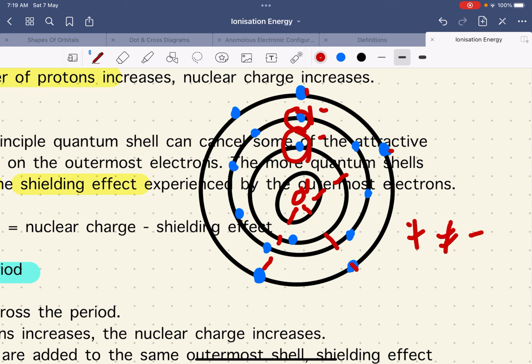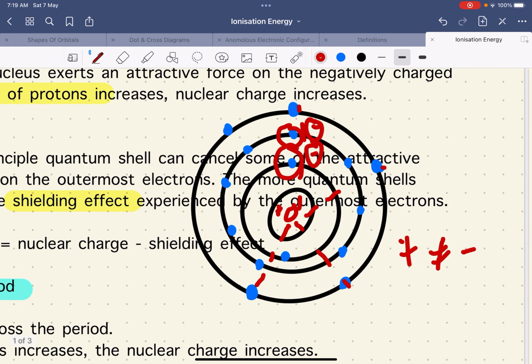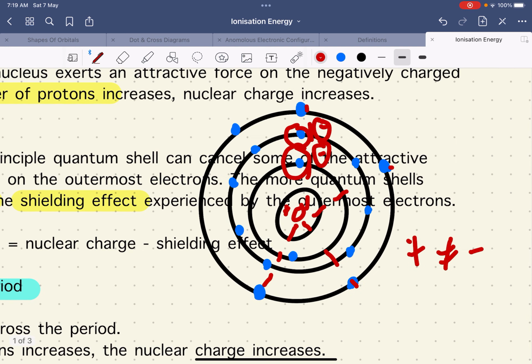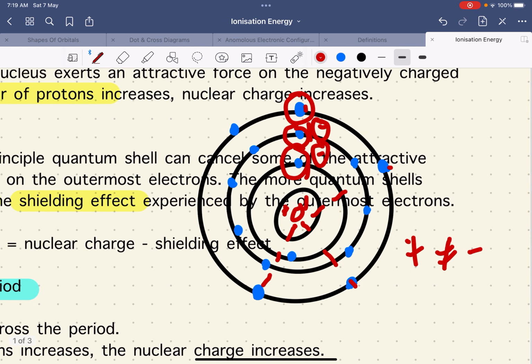So some of the positive forces is being cancelled out by this, and the electrostatic forces this experiences is less.